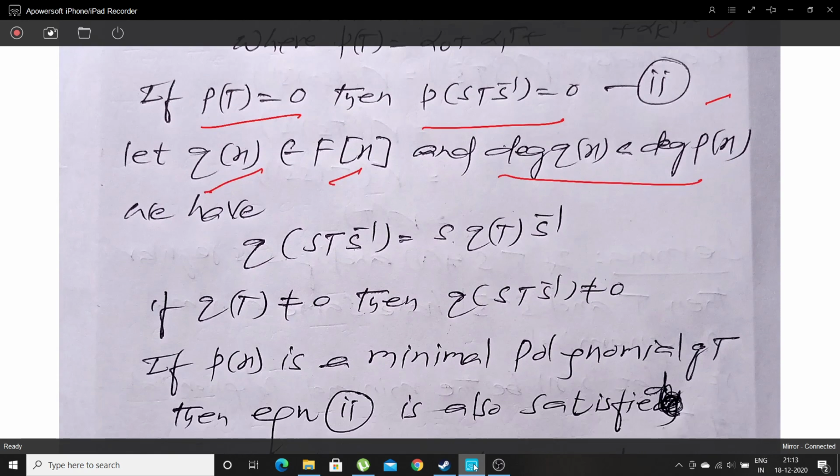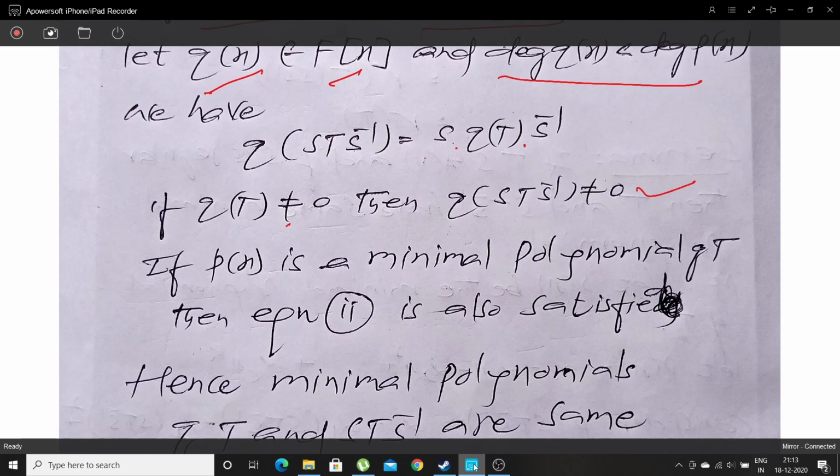We have Q of STS inverse is equal to S dot Q of T S inverse. Since Q of T is not equal to 0, definitely Q of STS inverse is also not equal to 0.